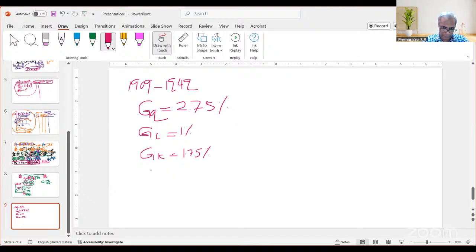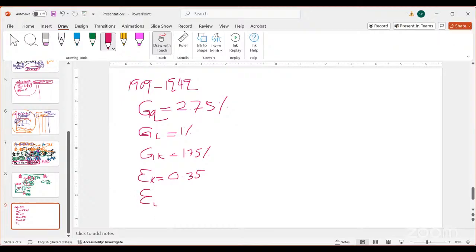And also, this is the production function. He found the capital input elasticity 0.35, and the labor elasticity 0.65.